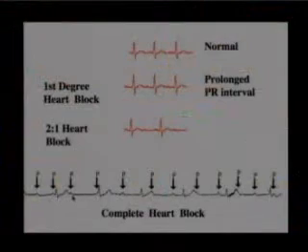The atria and the ventricles aren't talking to each other. If you look at this strip, sometimes the P wave may follow right on top of a QRS. These people don't have much cardiac output, and they faint a lot. These folks are great candidates for pacemakers.